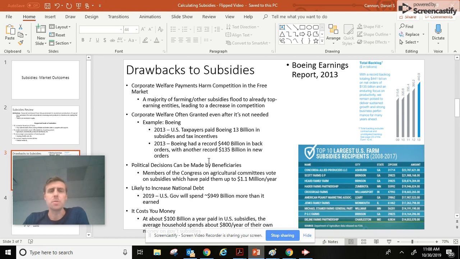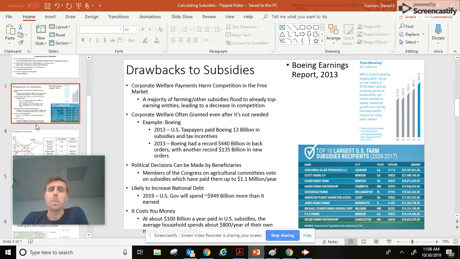And obviously that leads to taxpayer spending. The average American household loses about $800 a year because we are paying for subsidies. And clearly some of the companies that are getting those subsidies do not need them. Down here you can see the same thing for farmers. Most of the subsidies go to a very select few companies and farmers.